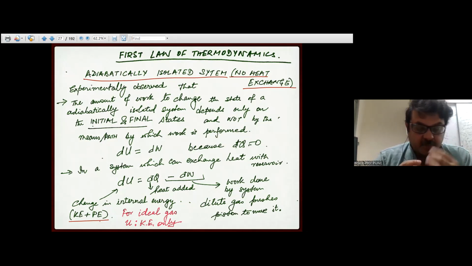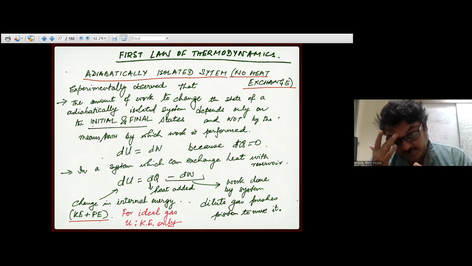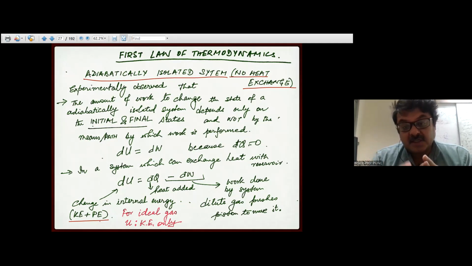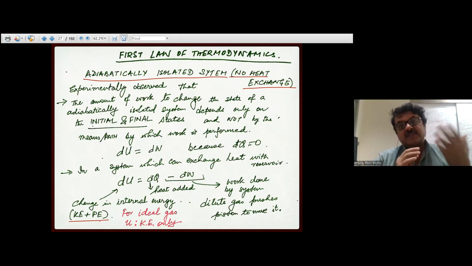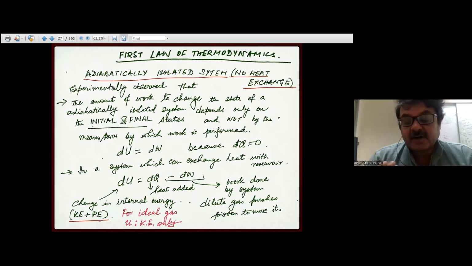Now here, when I say work, it's work done on the gas or on a system or by the system. Now, when this is being done, there can also be some energy losses or dissipation due to friction at the walls, right?